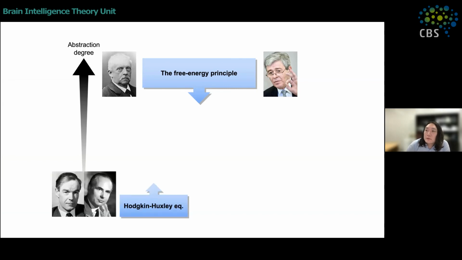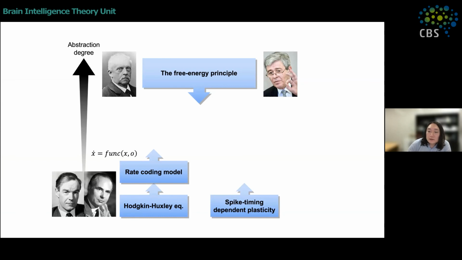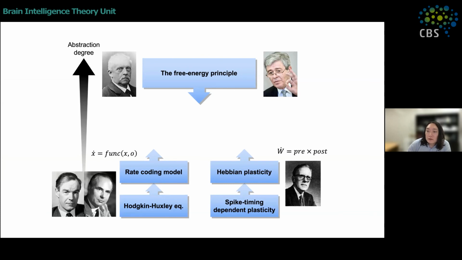For example, it is well known that neurons follow the Hodgkin-Huxley equation, and that can be reduced to a simple rate coding model. Moreover, synaptic plasticity is known to follow the spike-timing-dependent plasticity rule, and this can be reduced to the well-known Hebb's rule, which states that when a postsynaptic neuron and a presynaptic neuron fire together, then the connection between those neurons is strengthened.